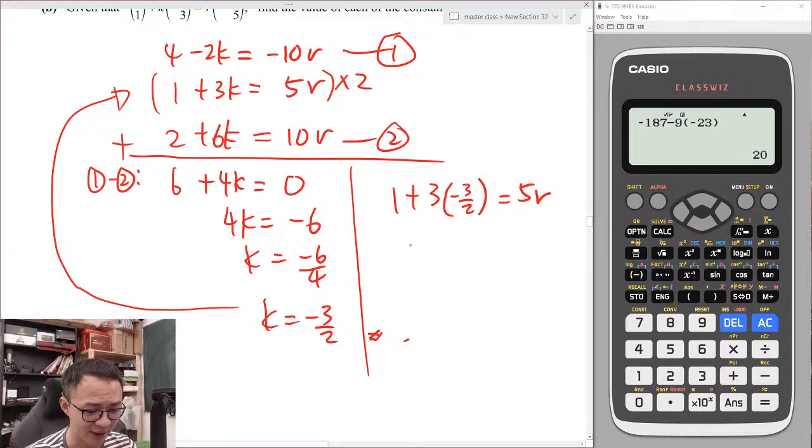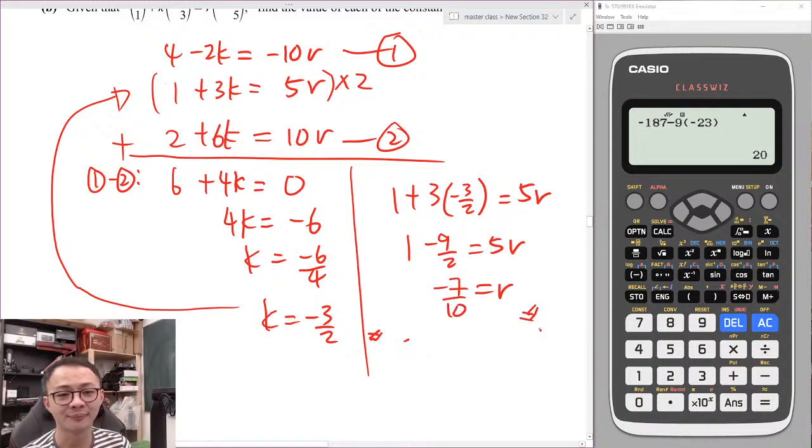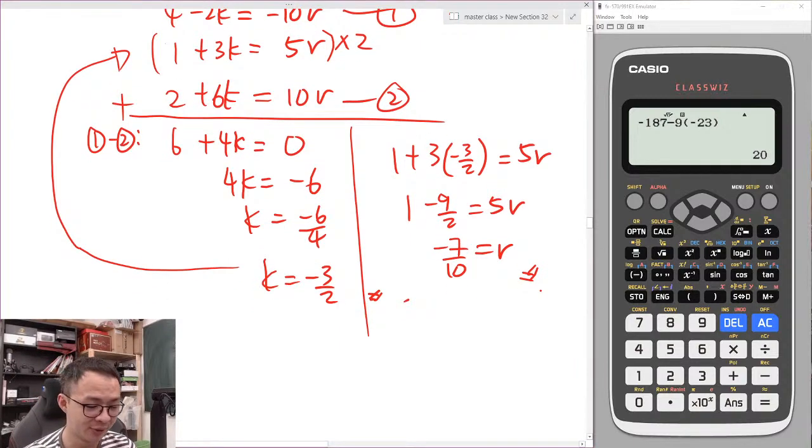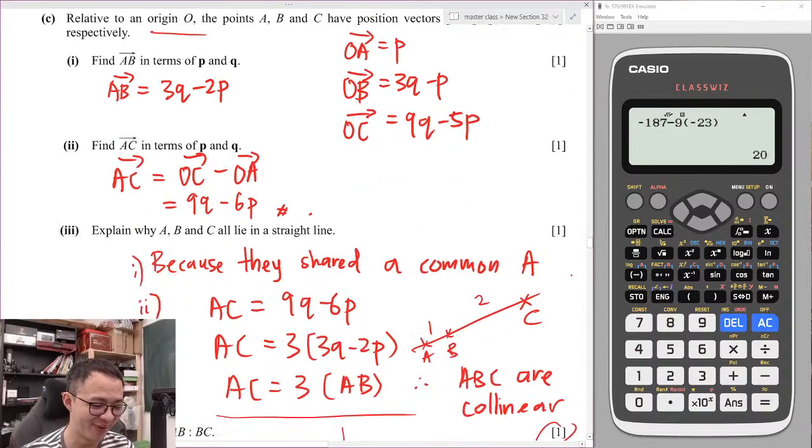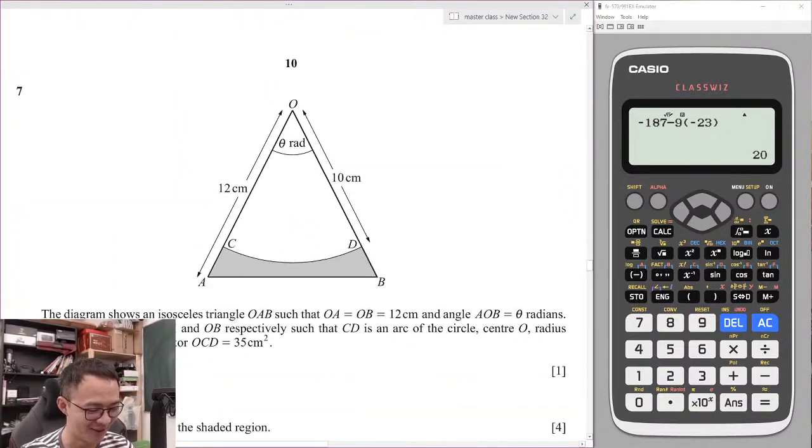So 1 minus 9 over 2 equals 5R. This is R equals negative 7 over 10. So remember to find K and R, okay? Do learn from me.